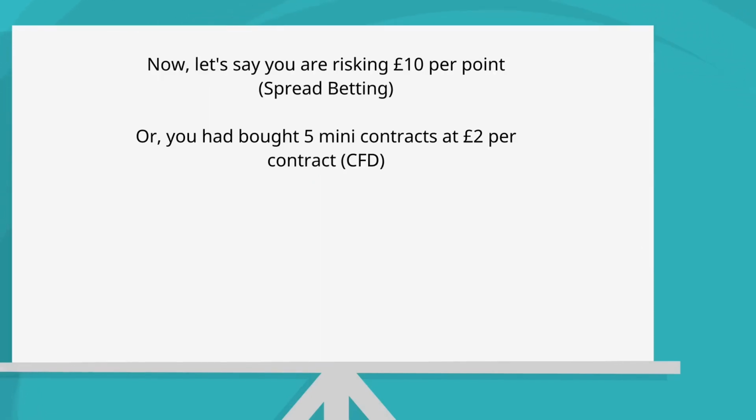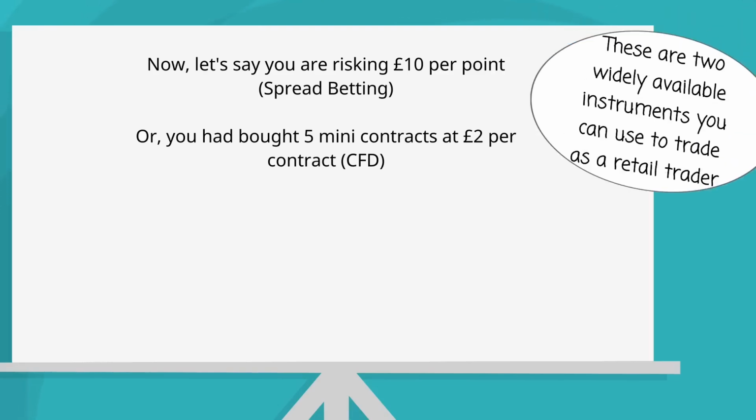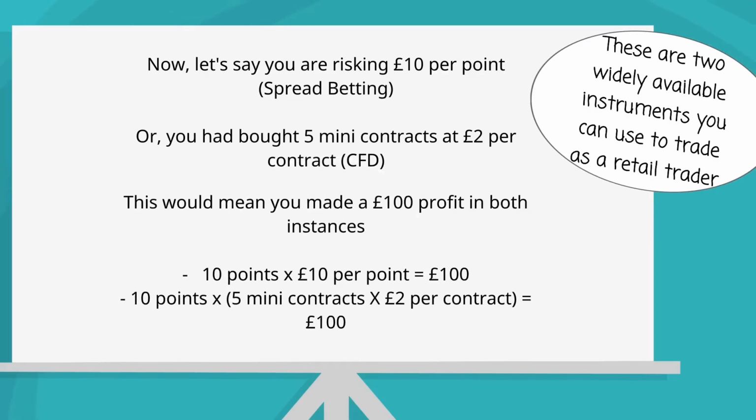Now, let's say you are risking £10 per point, which would be spread betting. Or you had bought 5 mini contracts at £2 per contract, and that would be CFDs, which is contract for difference. These are 2 widely available instruments you can use to trade as a retail trader. This would mean you made £100 profit in both instances.